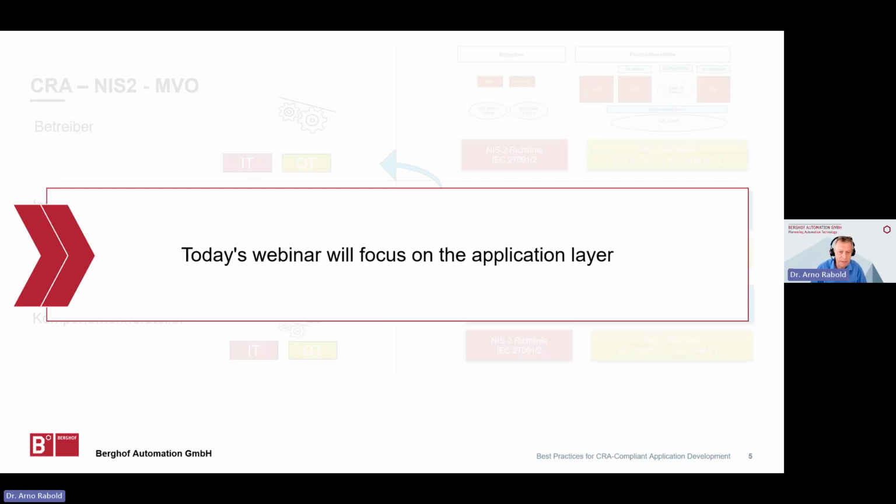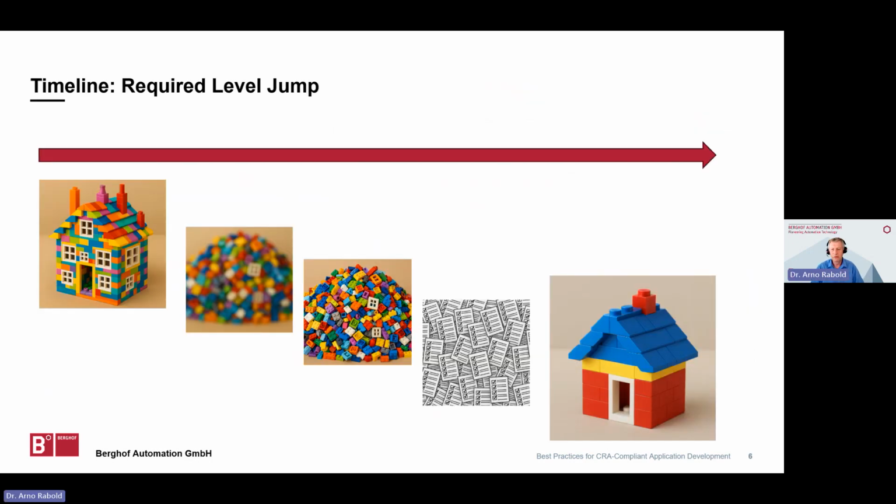So today's webinar will focus on the application layer. What does it mean? I have tried to picture what I've been going through lately. The starting point is the left side and the end is the right side. I've tried to give you some imagination of how to see it.